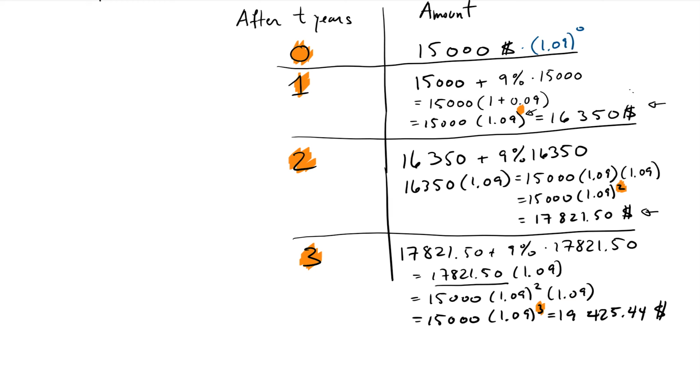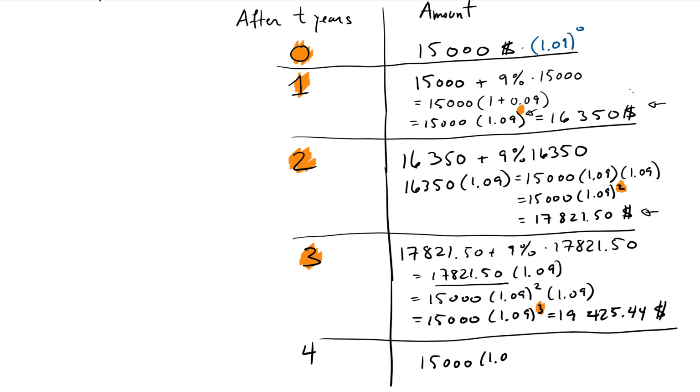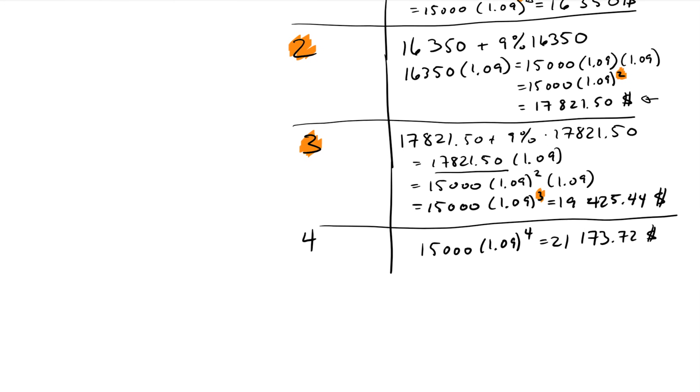So we get that after, let's say 4 years, just to apply the formula, it would be 15,000 times 1.09 to the 4, which you can calculate. Now that's $21,173.72. And then we can actually find a formula after t years. It would be 15,000 times 1.09 to the power of t.